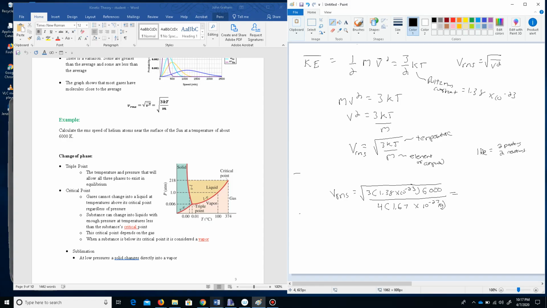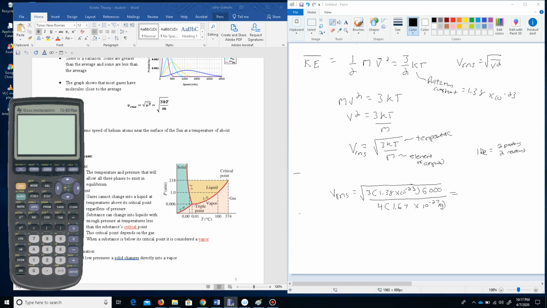Alright, so when we plug this into a calculator, we get 3 times 1.38 times 10 to the negative 23rd times 6,000, divided by 4, divided by 1.67 times 10 to the negative 27.